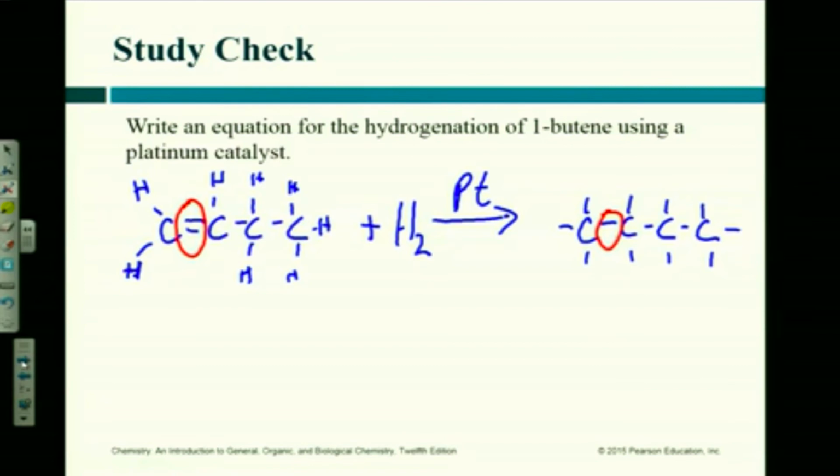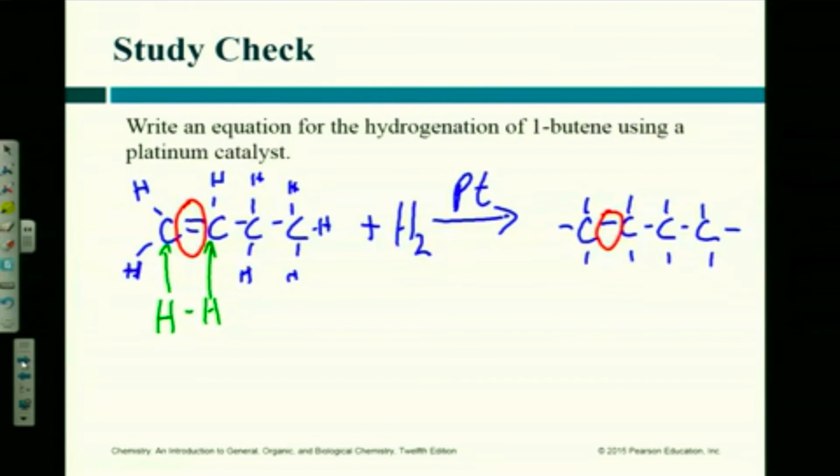Because I'm going to add a hydrogen. So if I have, let's change colors here, if I have hydrogen coming in like this, one's going to go to this carbon and one's going to go to that carbon. And it automatically takes away the double bond. Yes, it takes away the double bond. Okay.